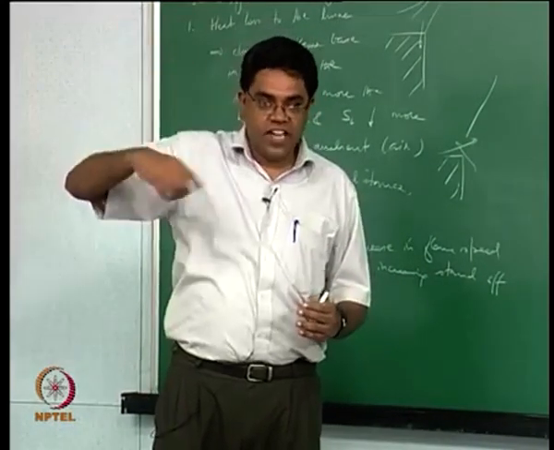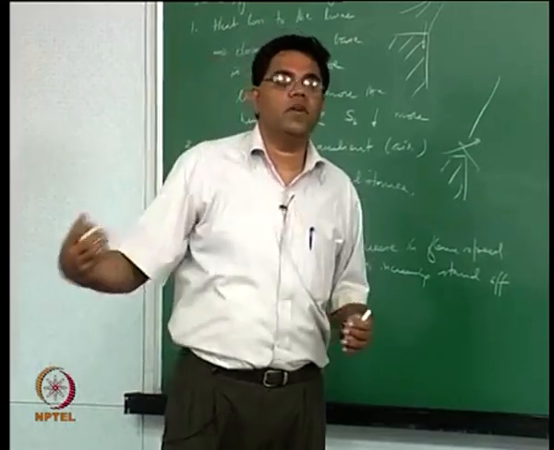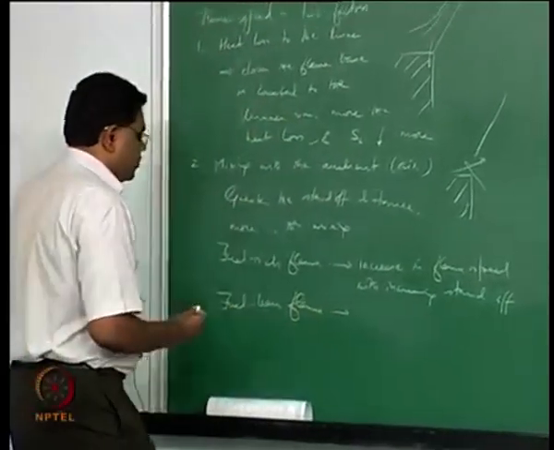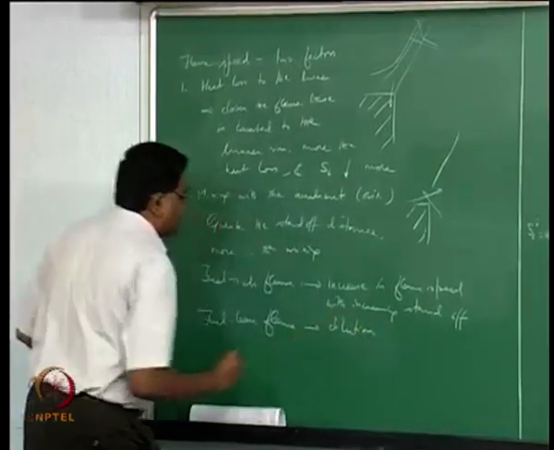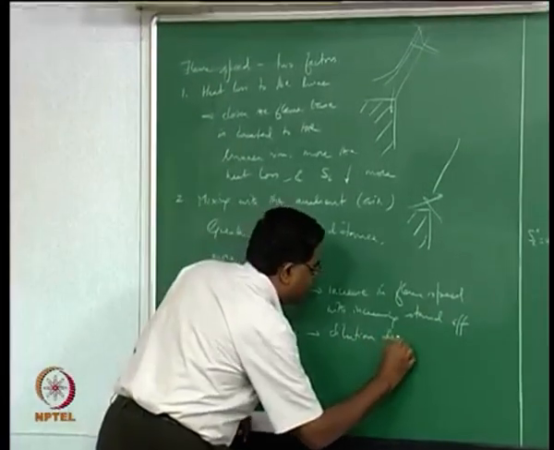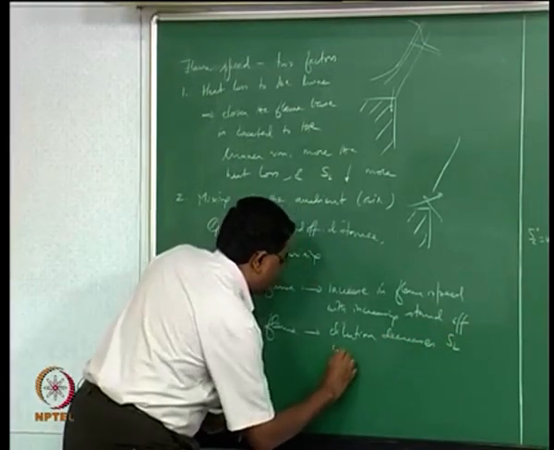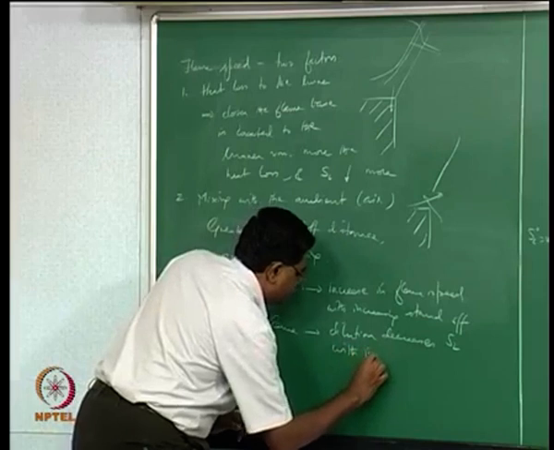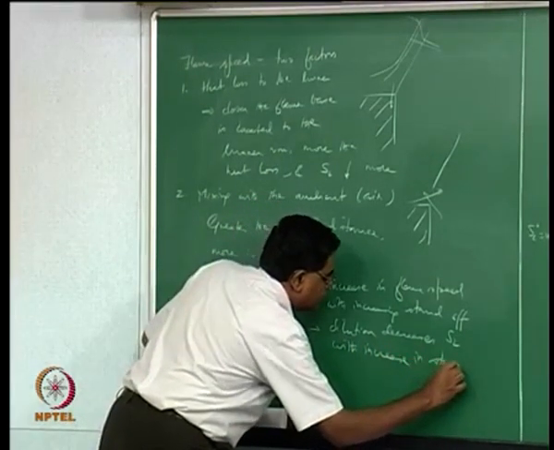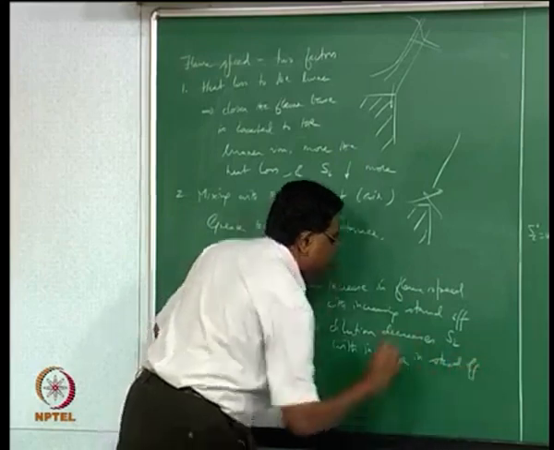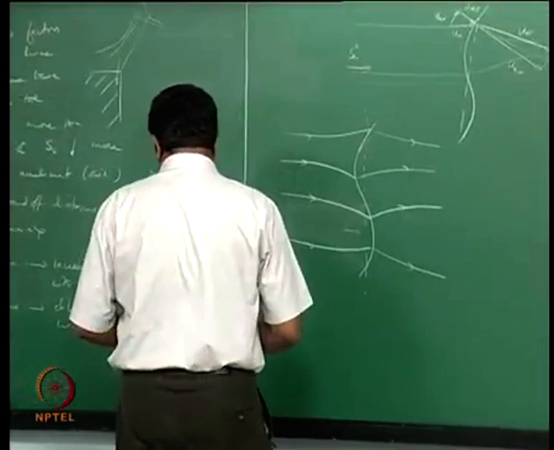The heat loss was less, so the flame speed doesn't have to decrease that much more, but it's going to decrease because of the dilution. So dilution decreases the SL with increase in standoff.